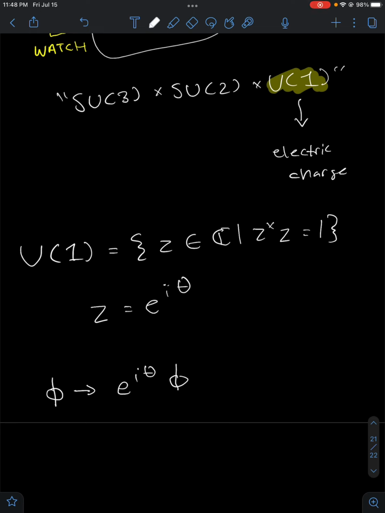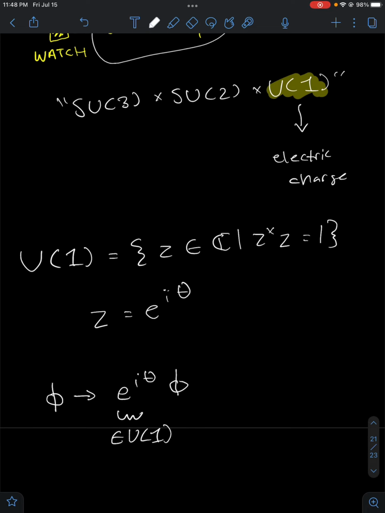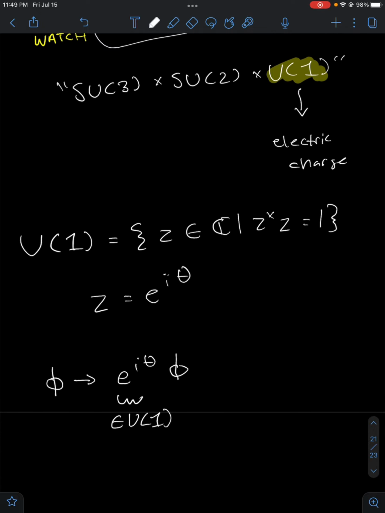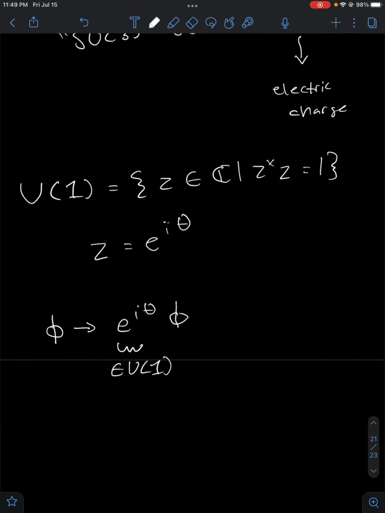And e to the i theta is of course a member of U1. That's why it's called a U1 gauge transformation. And in our video today, we want to find out the conserved quantity associated with that U1 transformation. So how can we actually do that?